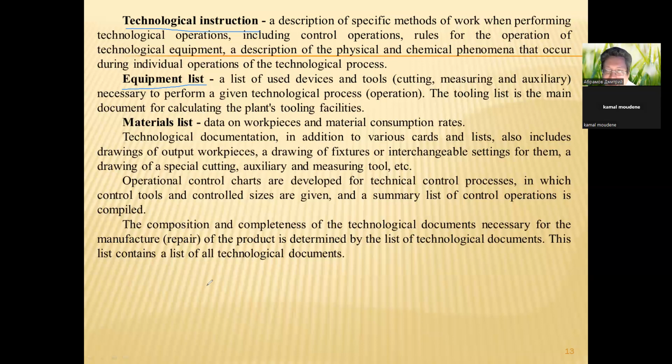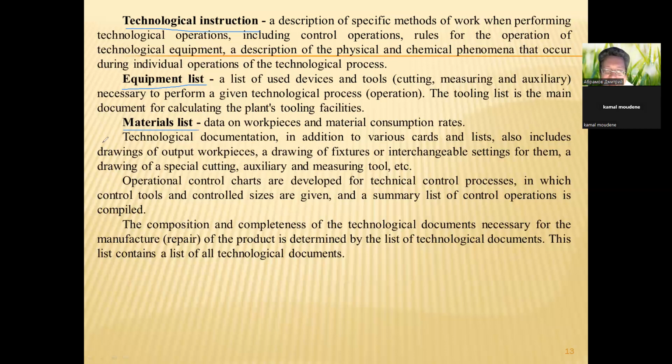The tooling list or equipment list is the main document for calculating the plant's tooling facilities. Next type of documents is material list. Materials list. Data on workpieces and material consumption rates.